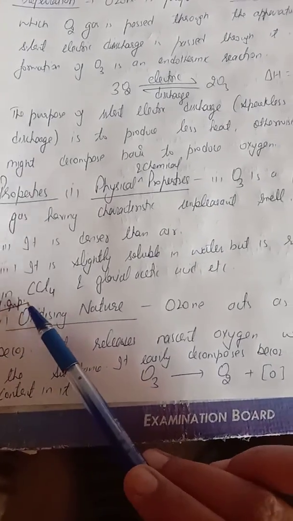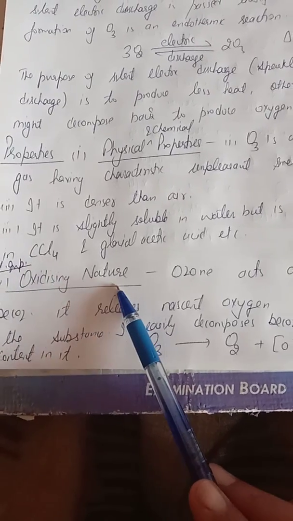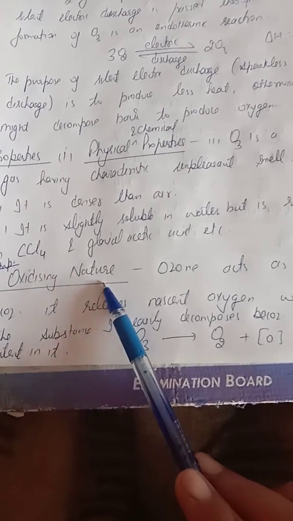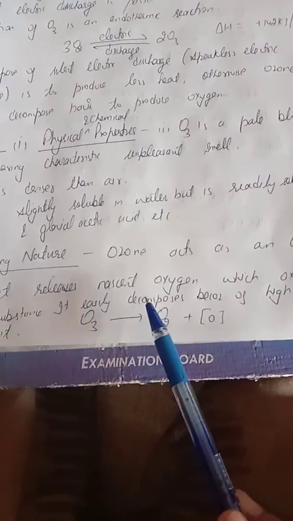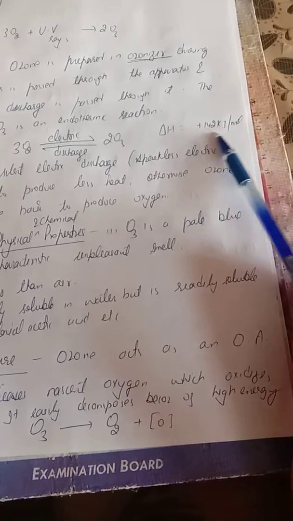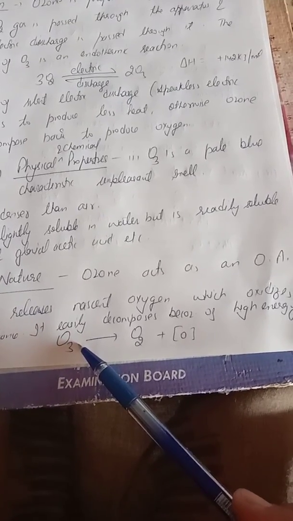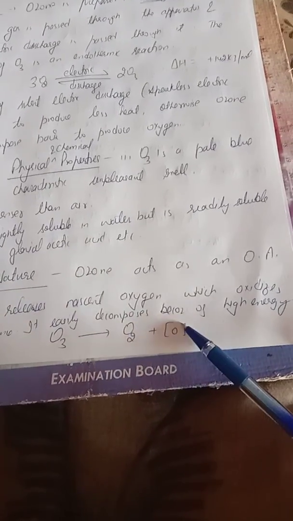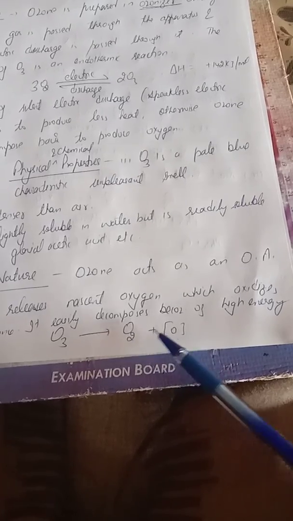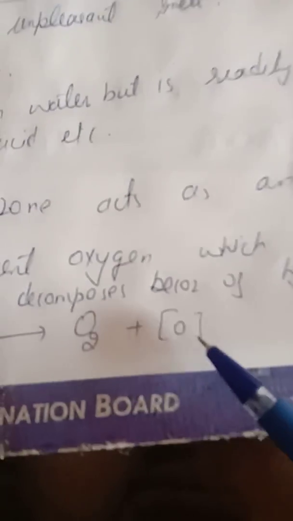Now this one is oxidizing nature. It's a very important property of ozone. Why does it act as an oxidizing agent? Because in the previous reaction we have seen that it is a highly endothermic process. It means it has absorbed energy, so it can release its energy to decompose and give oxygen and atomic oxygen, which is also called nascent oxygen because it's written in square bracket.